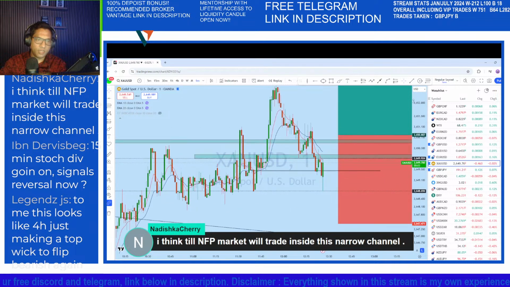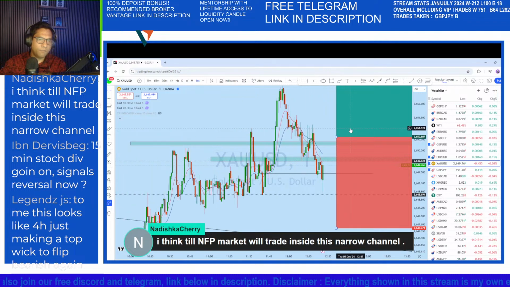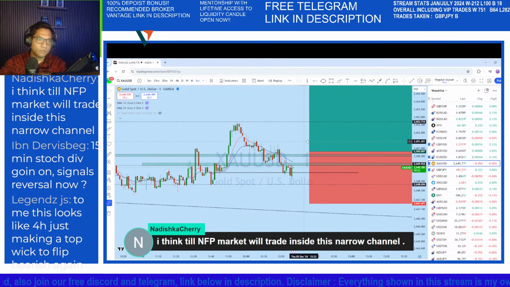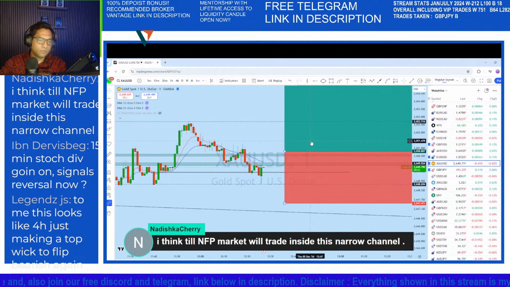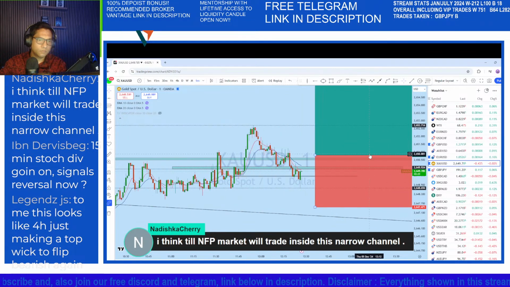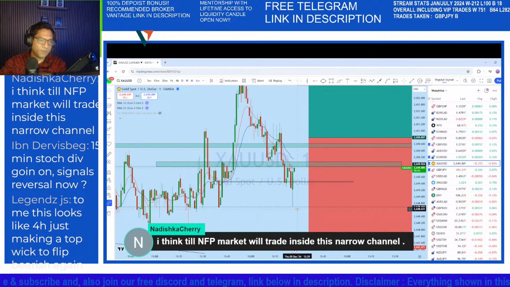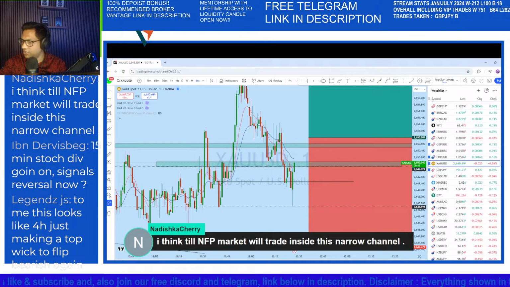Now this 1 minute candle here, we can see that rejection, expecting it to move back up. So this is what I'm expecting now, to get another rejection here.